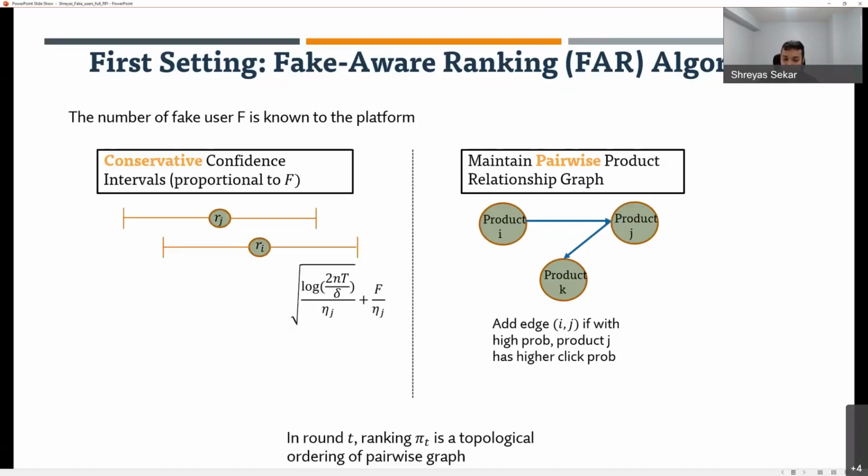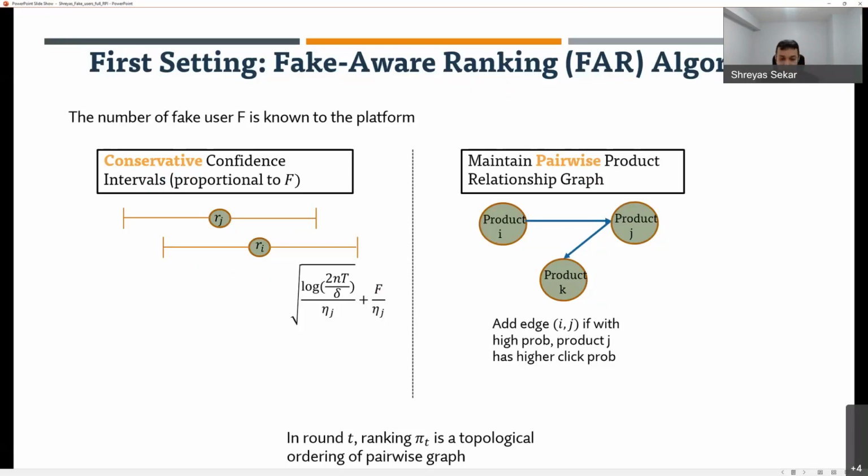The second thing I'm going to do is maintain confidence intervals for each product. This is a very classic idea in learning, right? At every point in your learning process, I have an empirical click probability, Rj, for product J. In addition to this empirical click probability, I'm going to maintain an upper confidence interval and a lower confidence interval so that with high probability, the product's true click probability lies between the upper and the lower intervals.